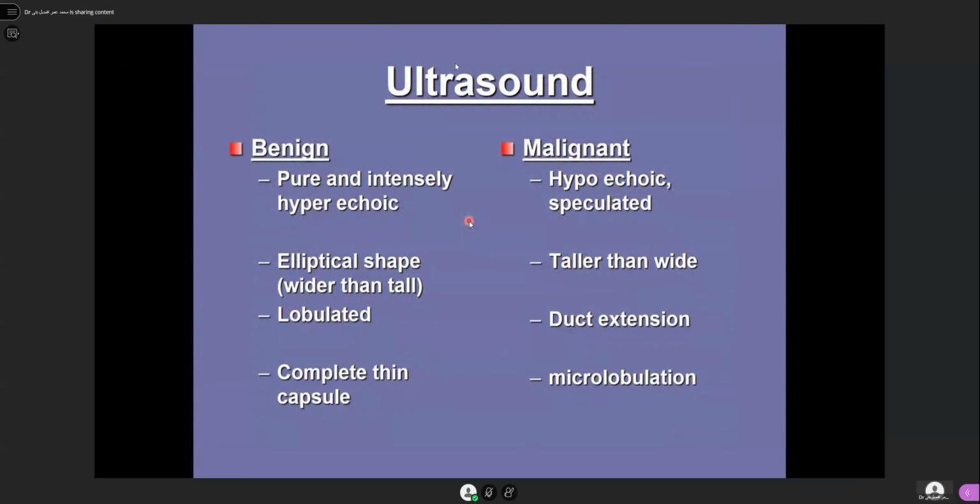On ultrasound there are some radiographic findings which suggest whether it is a benign mass or malignant mass. Like if there are calcifications inside a mass, they will appear hyperechoic. As we have discussed, in benign masses there are macrocalcifications, big calcifications.